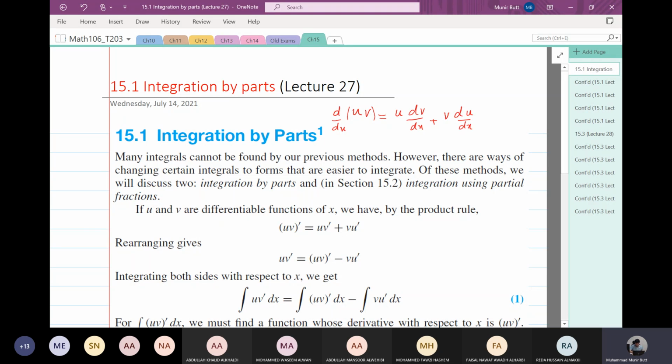Agree? Or you can write it as (uv)' = uv' + vu'. Okay, so from here, if you bring this term on this side and this term on this side, you will get this formula. Agree?